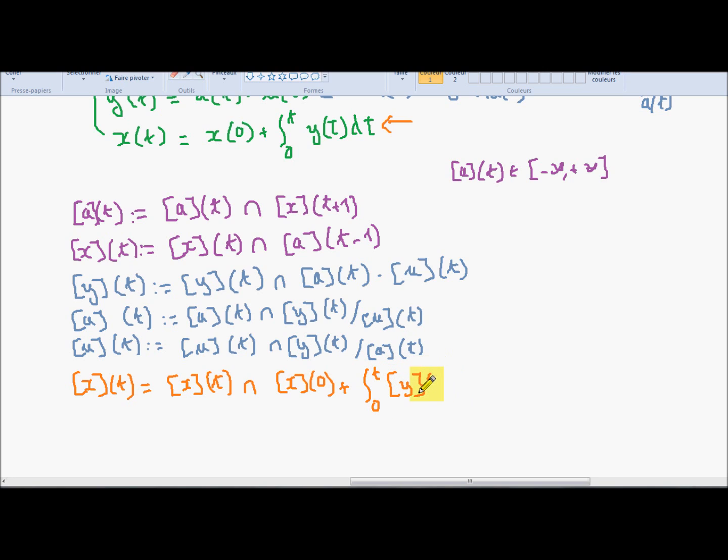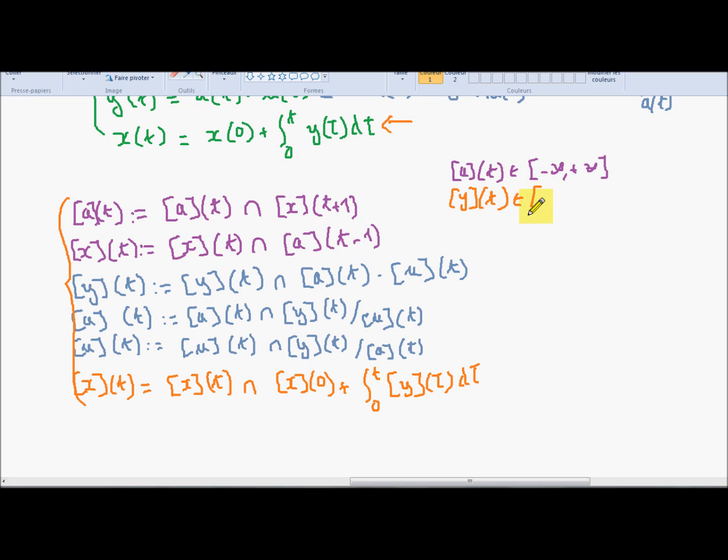So if I apply all these equations, up to the fixed point, so I will apply several times, but of course I will have to initialize a and the other variable y. Y of t should also be initialized to minus infinity plus infinity.